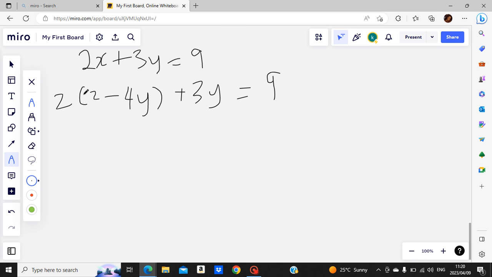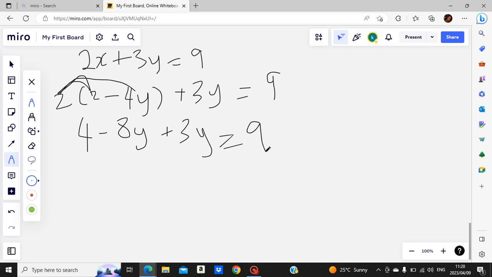So what is 2 times 2? It's gonna give us 4. So what we do here, we're just gonna multiply as usual. So 2 times 2 will give us 4, and then 2 times 4y will give us 8y, so 4 minus 8y plus 3y, which is gonna give us a 9.